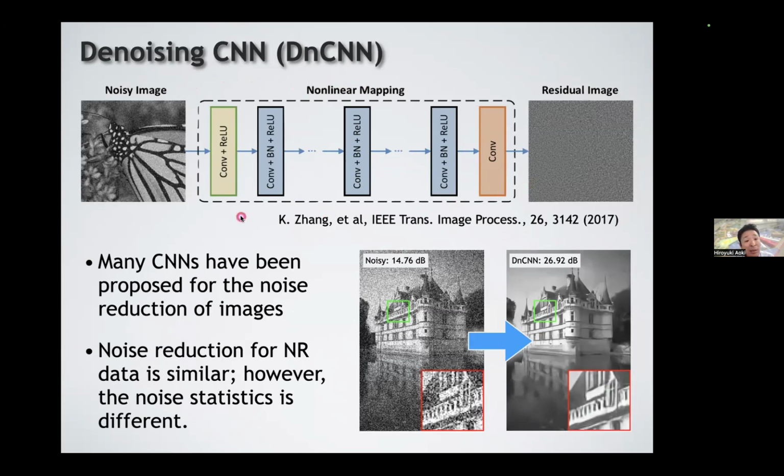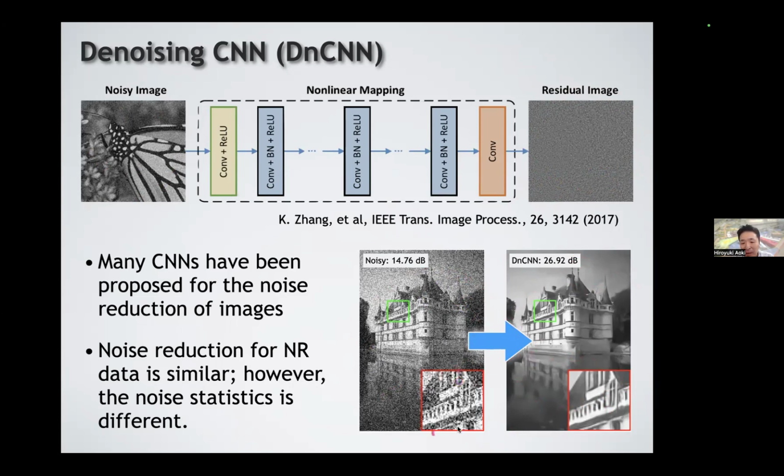It consists of a 17-layer convolutional network to extract the noise component from this data. Based on this noise component, we can reduce the noise from this image to generate quite smooth data, something like this.